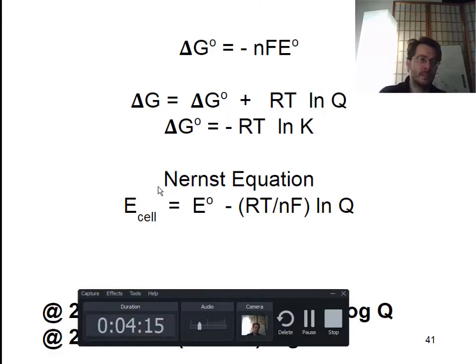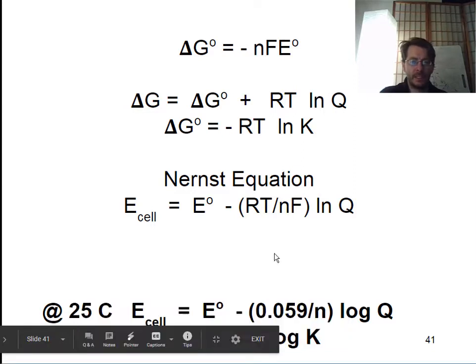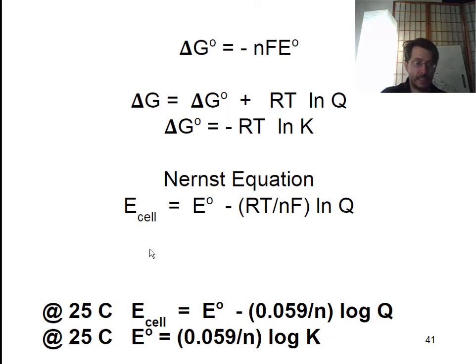The Nernst equation is basically a way of calculating the cell potential under any condition beyond standard state.